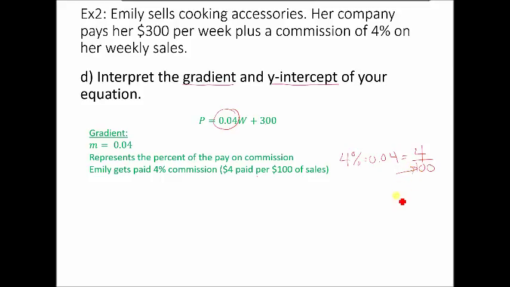So for every increase in sales by $100, she gets paid an extra $4. So a few different ways to word your answer there, but really making it clear that it's to do with the amount she gets paid compared to her sales.